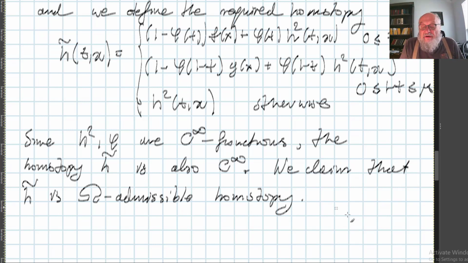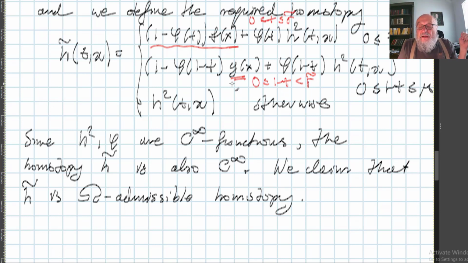Notice the other two requirements are satisfied by the definition. First, look at the definition of the function h tilde. This will guarantee that for 0 ≤ t ≤ delta tilde, this will be f of x. And similarly, if 0 ≤ 1 minus t ≤ delta tilde, this will be g of x. So this requirement will be satisfied.